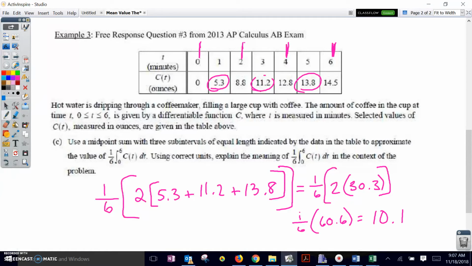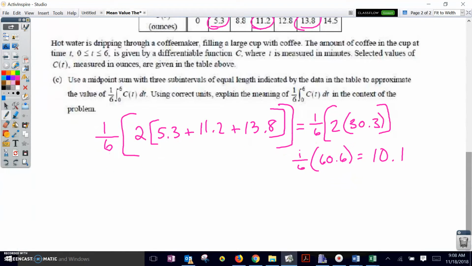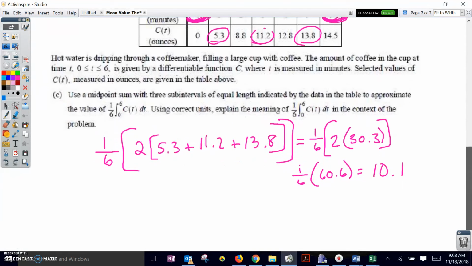Well, when we have 1 over 6 times the integral from 0 to 6 of c of t, this is 1 over b minus a, because b is my right endpoint, a is my left endpoint, 6 minus 0 is 6. And so when we see this 1/6 integral from 0 to 6 of c of t, this is the average amount. It's the average value of the function.